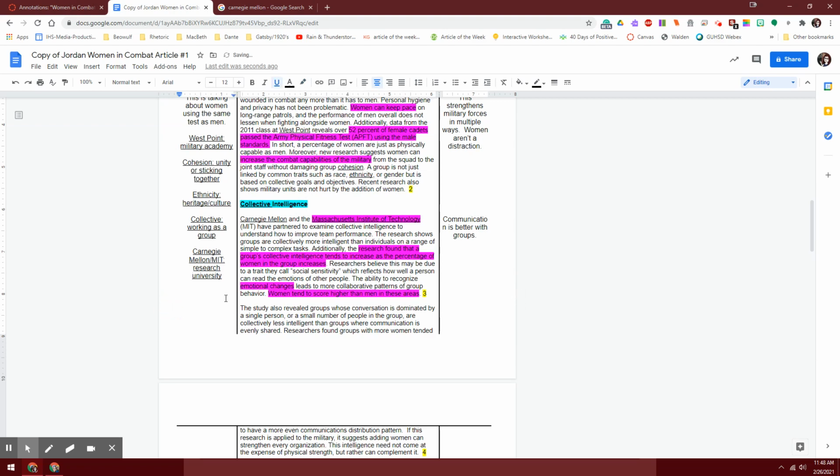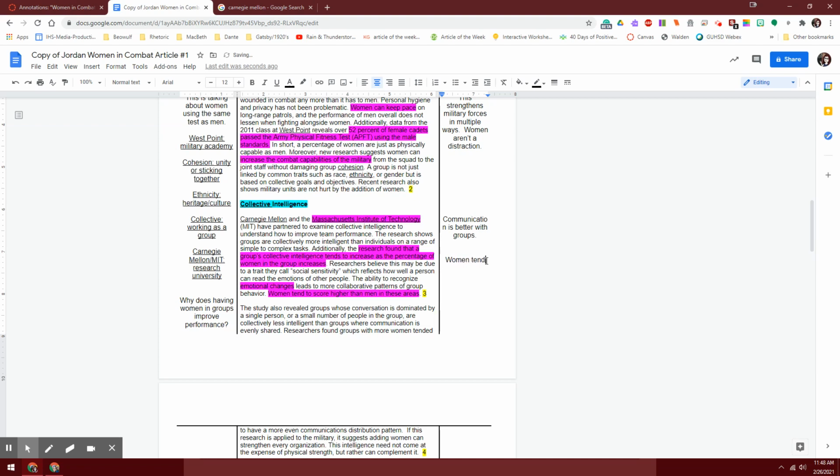So I'm going to ask a question over here and take off my underline. Why does having women in groups improve performance?